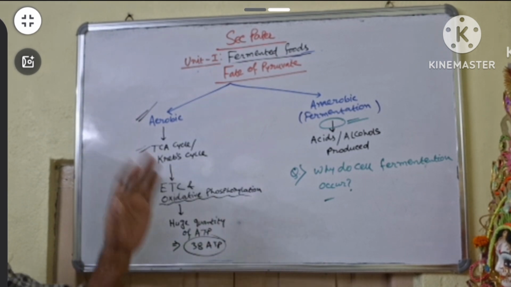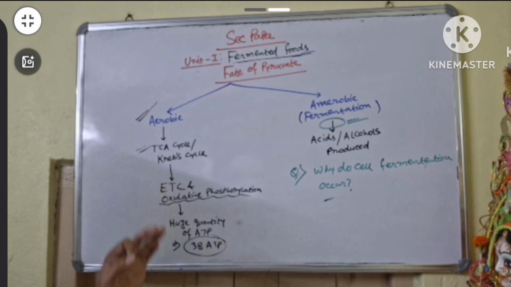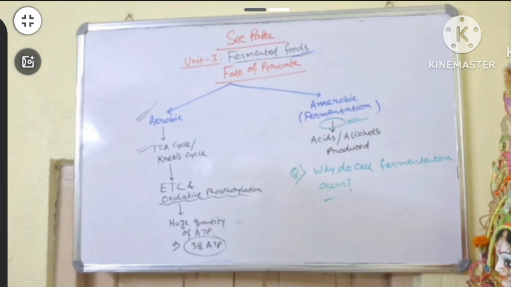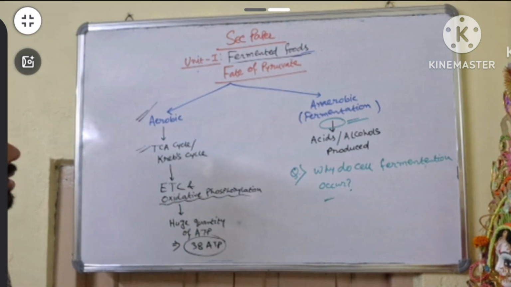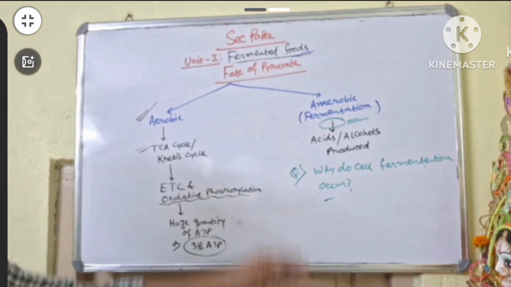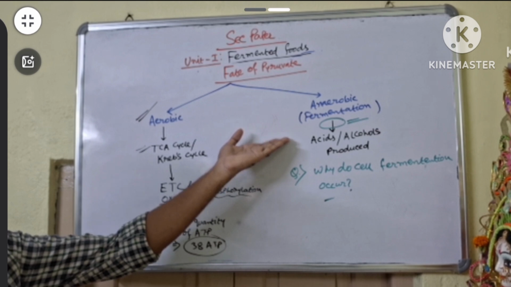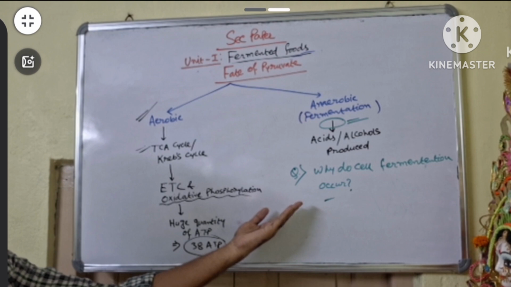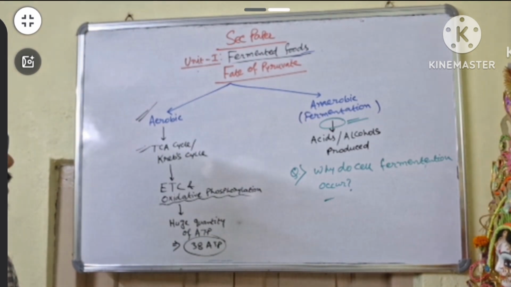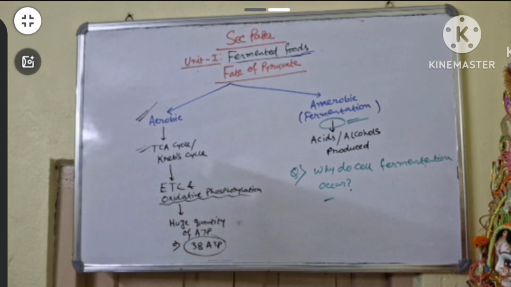Have you ever thought about why? Microorganisms could be halted at pyruvate also. Why are extra steps needed? Why do they need another two or three steps to make acids or alcohol?